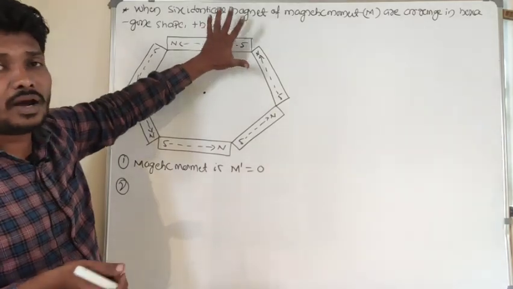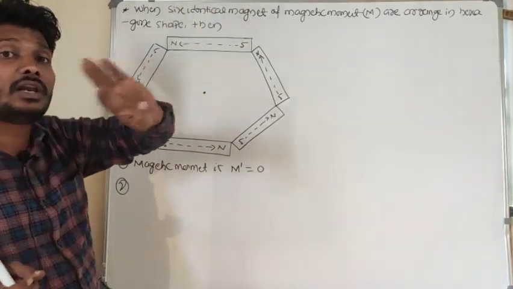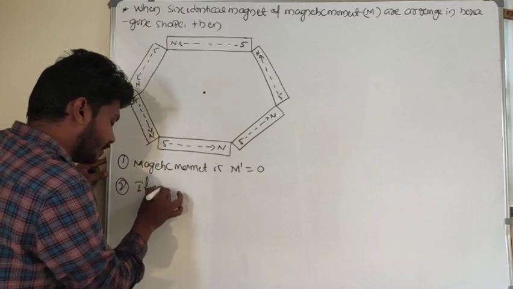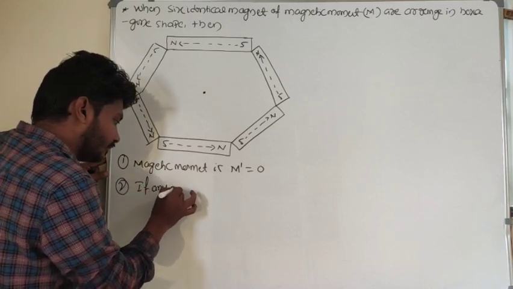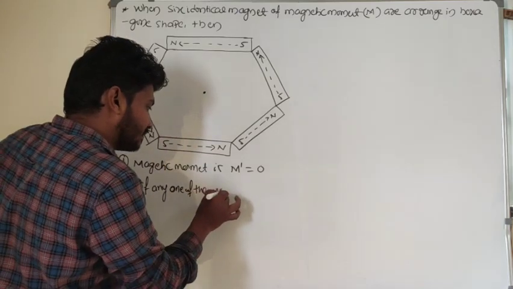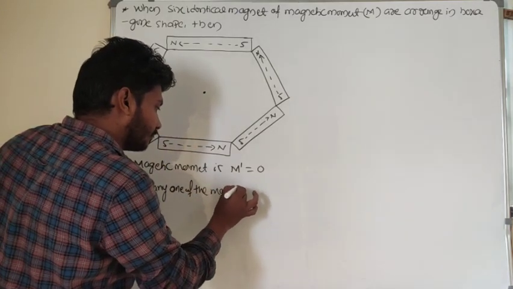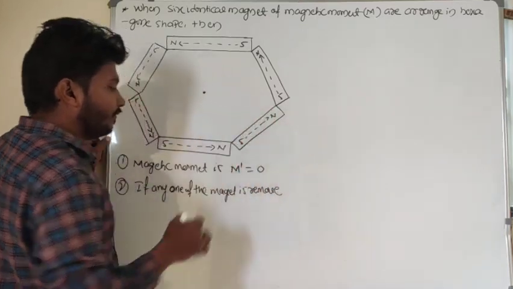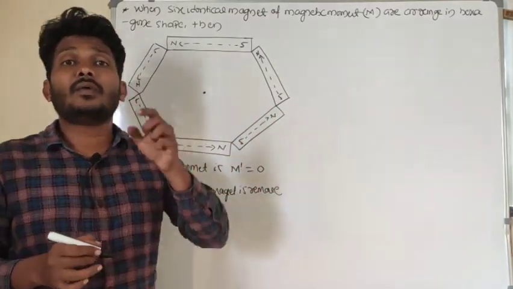Now look at here, in that first case, the effective magnetic moment is 0. Now I will remove one of the magnets. Out of 6 magnets, I will remove any one of the magnets. If any one of the magnets is removed, then what happens here?